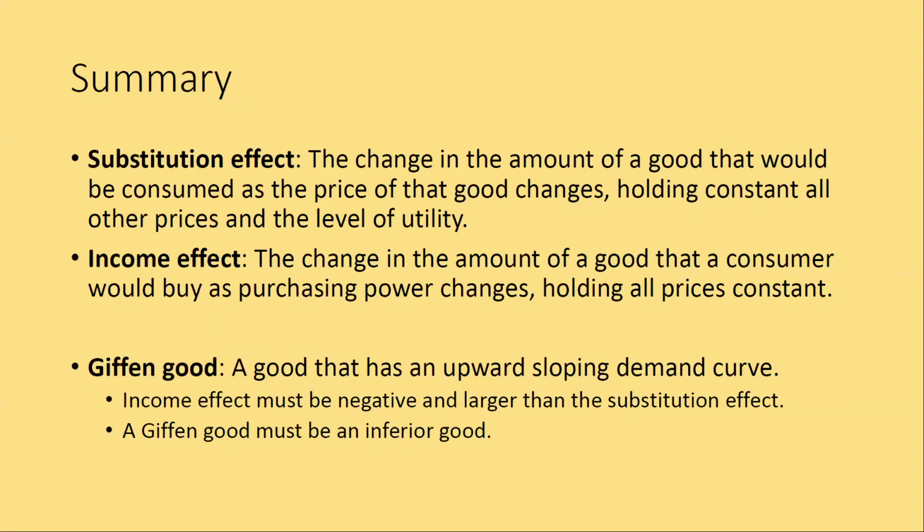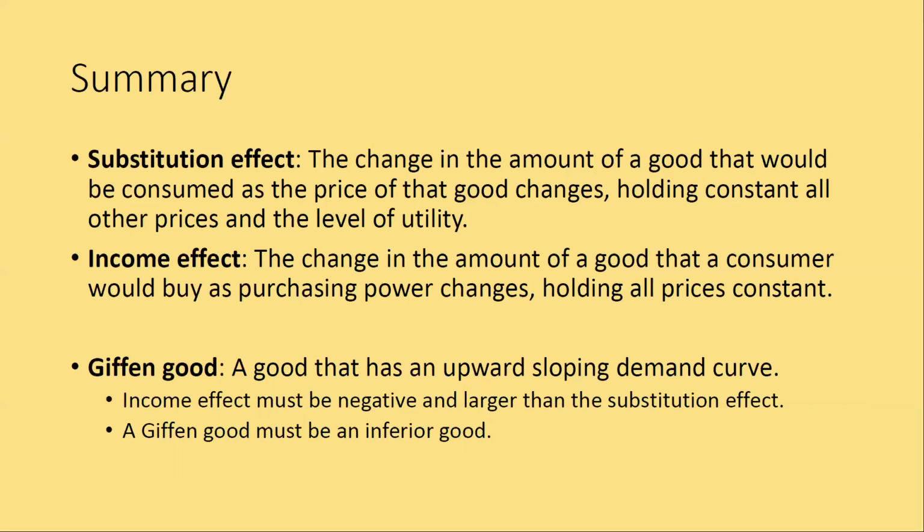And the income effect is the change in the amount of good that you would choose to purchase when your purchasing power changes, which basically means when your income changes. Sorry, I will try not to confuse you. Your actual income does not change. It is your purchasing power that changes, and the purchasing power change results from the change in the price of the good.